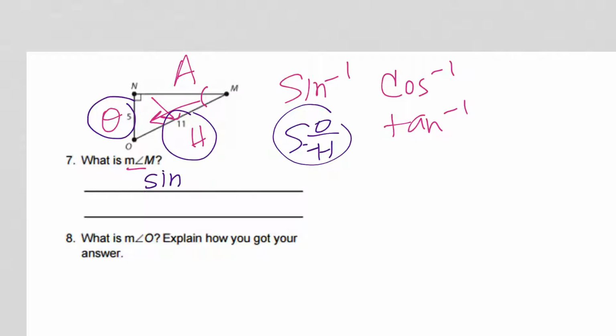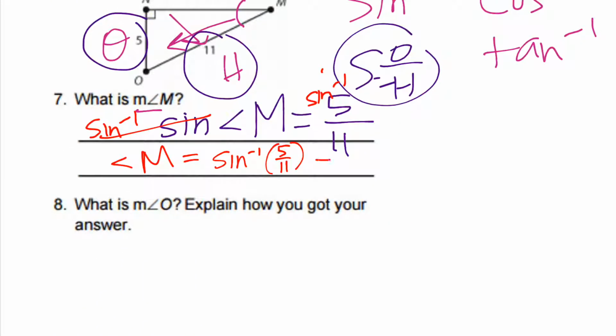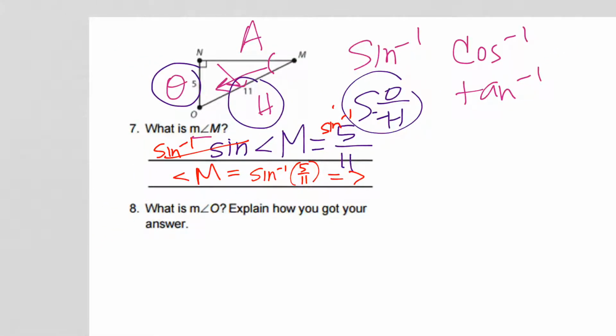So sine of the angle that I'm finding, angle M, is equal to opposite divided by the hypotenuse, 11. I'm going to multiply both sides by the inverse function of sine because that's what I want to get rid of. So sine inverse and sine cancel each other out. So now I have angle M is equal to sine inverse of 5/11. So this is now calculator work, and whatever that gives you would be the measurement of angle M.